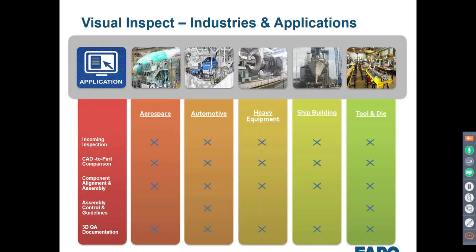Also CAD to part, or the as-built to CAD model comparison, component alignment and assembly support, assembly control and guidelines, and then documentation, both in your plant and across your organization. I would really say that we have X's across all of these applications in each of these market segments.